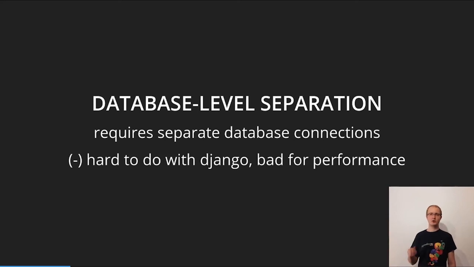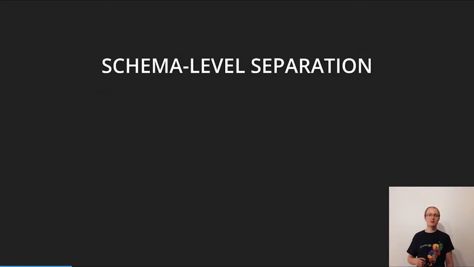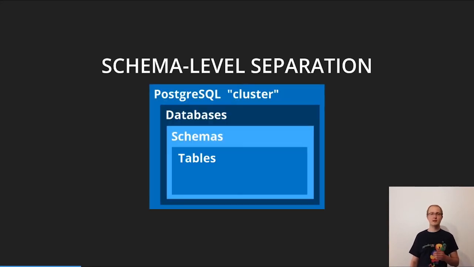The next approach that is actually in use, unlike database level separation, which I haven't seen with Django, there are probably people who do it, but it's very uncommon, is schema level separation. To understand schema level separation, you need to know that on PostgreSQL, there are multiple levels of hierarchy in your database. There's the PostgreSQL cluster, which is your server or a combination of multiple servers.